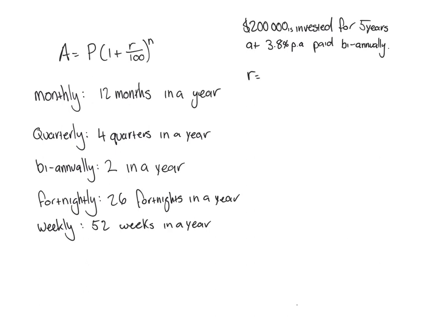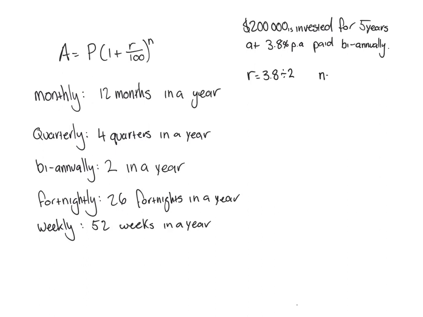We know that the annual interest rate is going to be 3.8%, but we're going to pay it biannually. There are two periods in a year, so we need to chop our interest rate into 2 equal parts. I'm going to leave this one as a little dividing problem just to keep it super accurate.